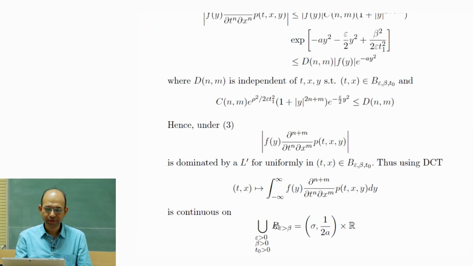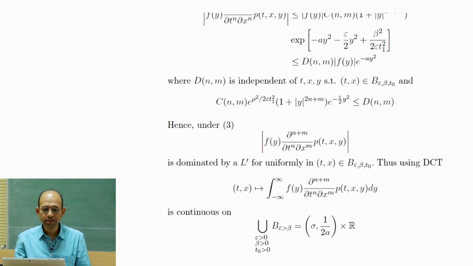So, what we have observed is that B epsilon beta t naught is that rectangle, and if you take epsilon as close to 0, then 1 over 2 times a plus epsilon becomes 1 over 2a, and the union of these things is 0 comma 1 over 2a, and here the strip for x, with beta as large as possible, so the union of all possible things would be just R, the real line.